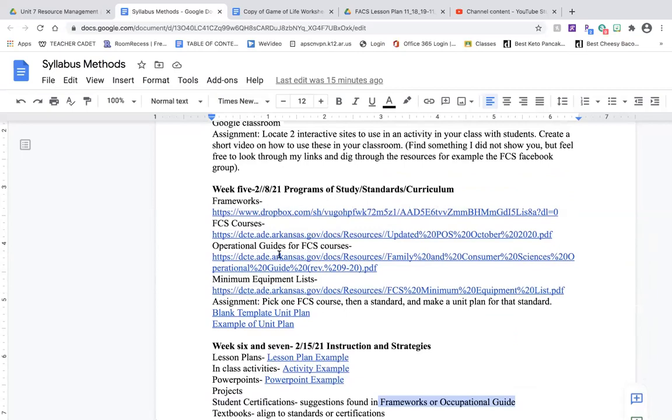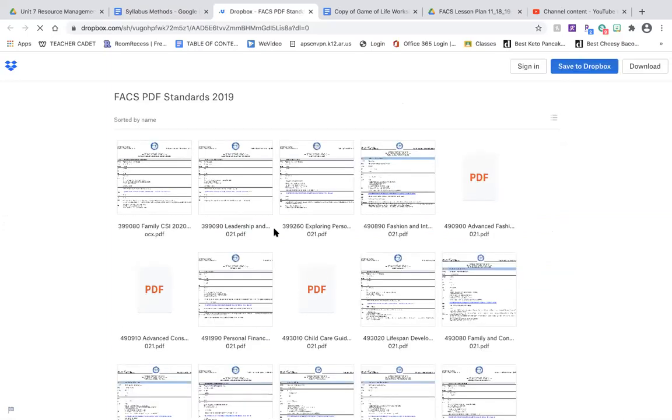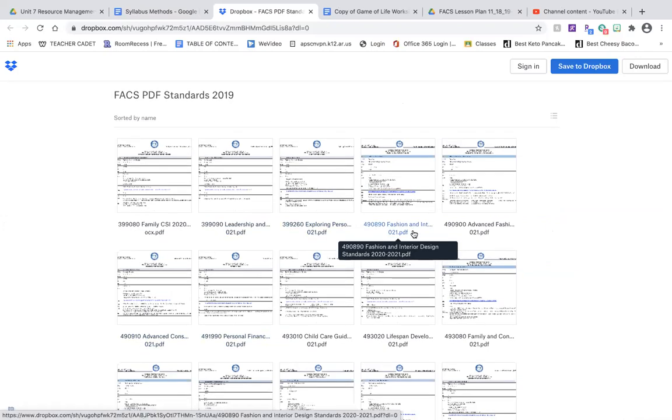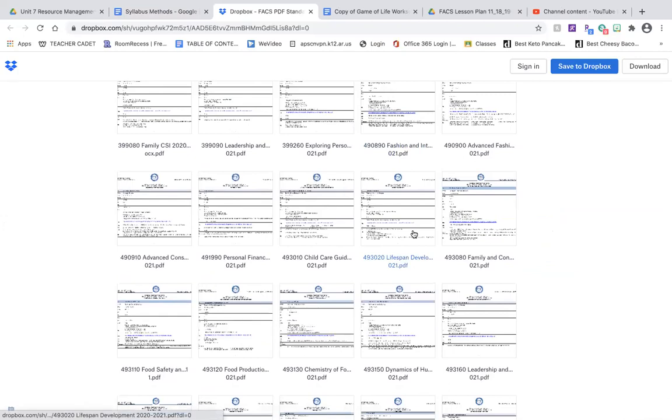So I'm going to go back to our frameworks. And it just depends on what courses you're teaching at your school district as to what certification you will offer your students. And there are suggestions in the frameworks for you to offer your students.